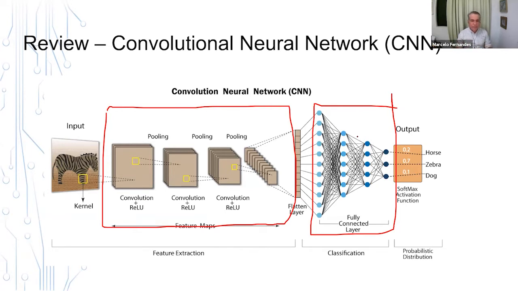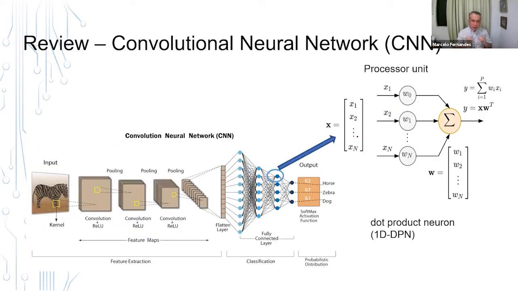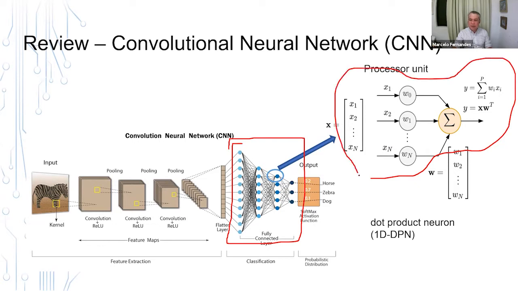If you look more closely at this deep neural network, we can see two kinds of neurons. In the fully connected part, we have this type of neuron.